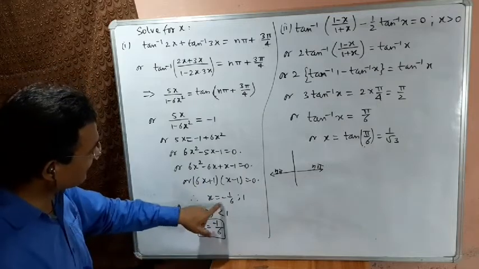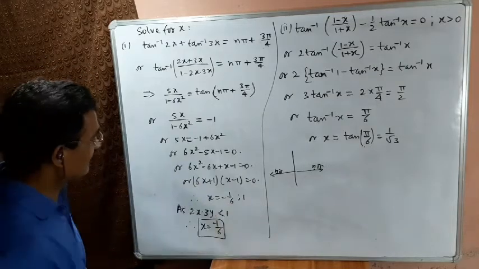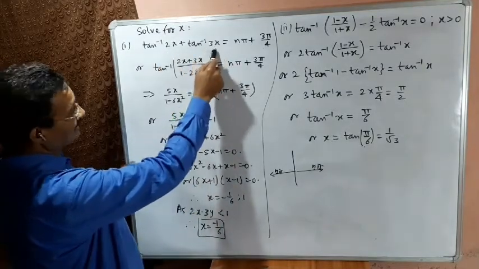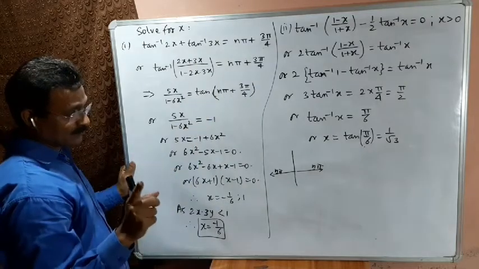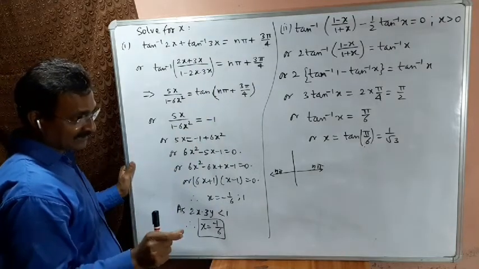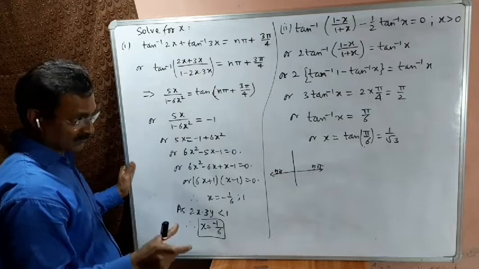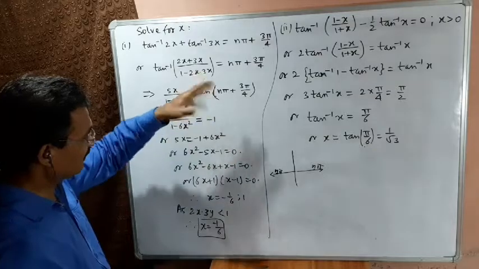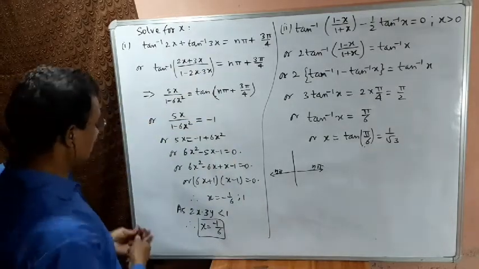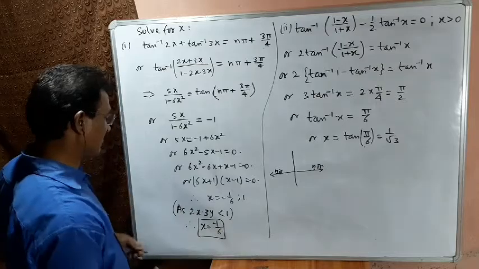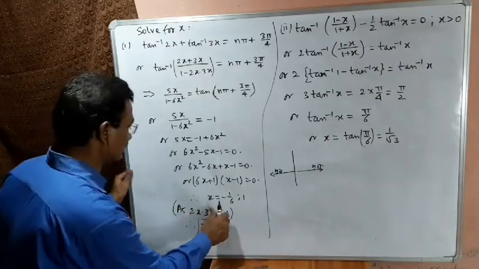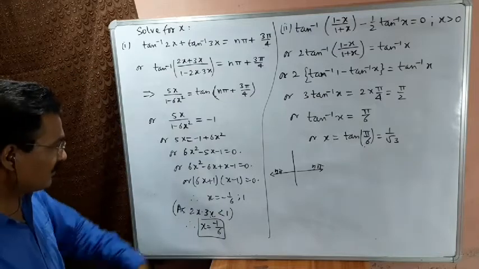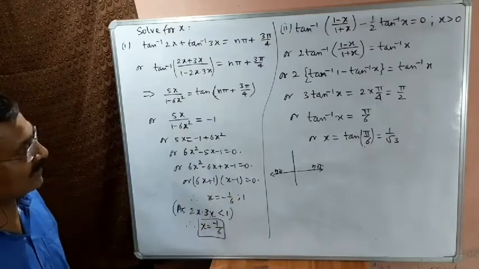And if we put x equals minus 1 by 6, this will give minus 1 by 3 and this will give minus half; minus 1 by 3 into minus 1 by 2 gives 1 by 6, which is smaller than 1. Therefore, minus 1 by 6 is acceptable and 1 should be rejected. Just here I have written the logic: 2x into 3x should be less than 1. Therefore, we didn't consider 1.